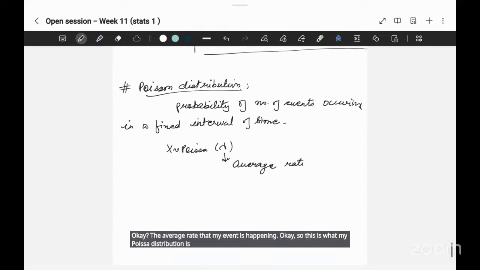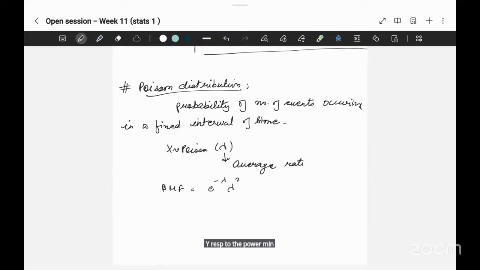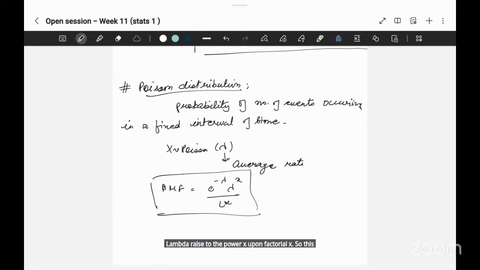The PMF is given as e raised to the power minus lambda, lambda raised to the power x upon factorial x. So this is my PMF for a Poisson distribution. What is that in the denominator?